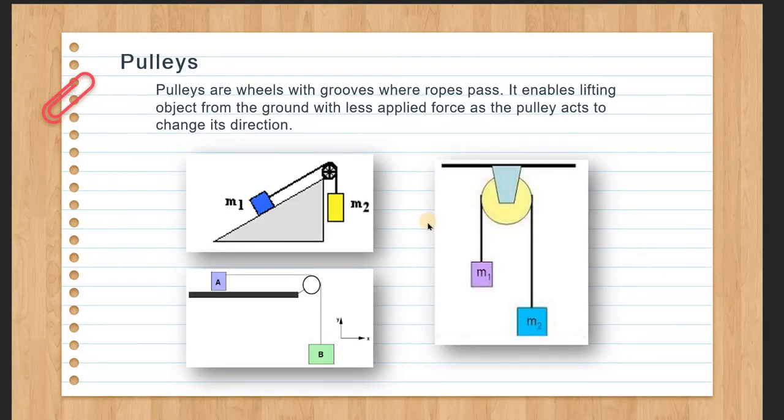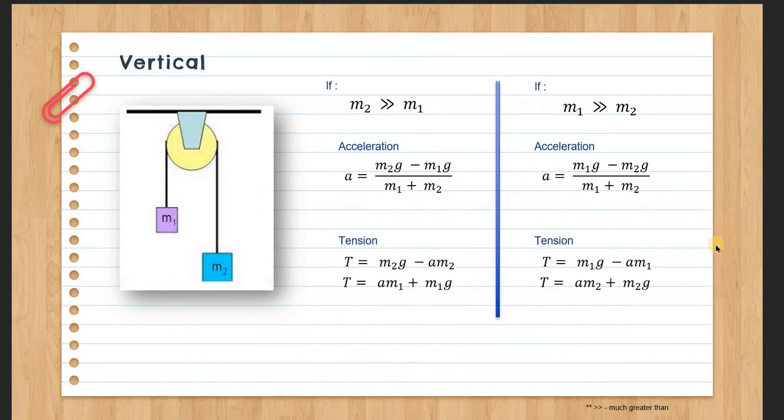We also discuss pulleys, right? So, yung mga pulleys ay simple machine. Okay, so we have here one vertical. Okay, so I have written the condition. So, what if M2 is much greater than M1? So, here. M2 is much greater than M1.